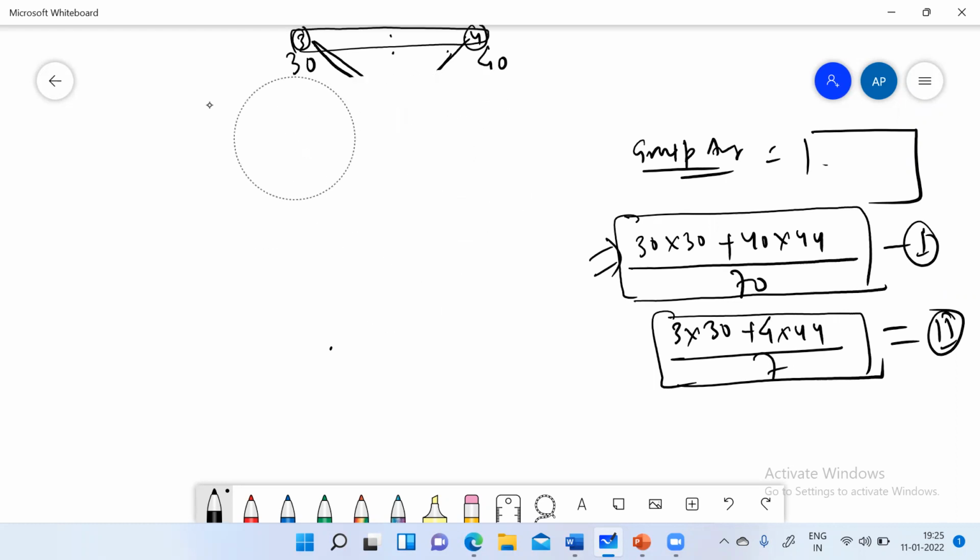So now I'll give you another example here. Let's say group A has an average of 37, a very typical value, and group B has an average of 67.